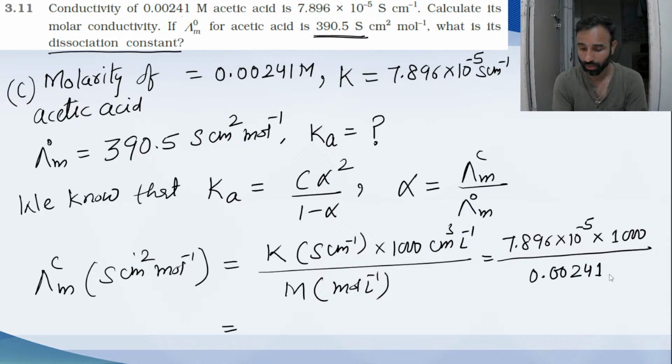So now just multiply. What we have is 7.896 into 1000, or simply write 7.896 divided by 0.00241. It is 3276.4.